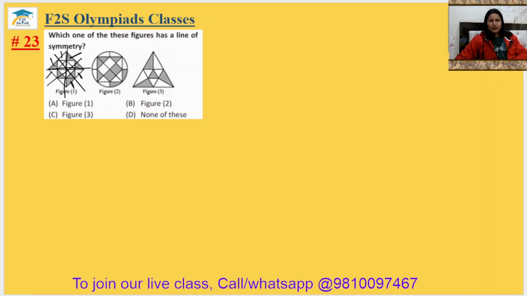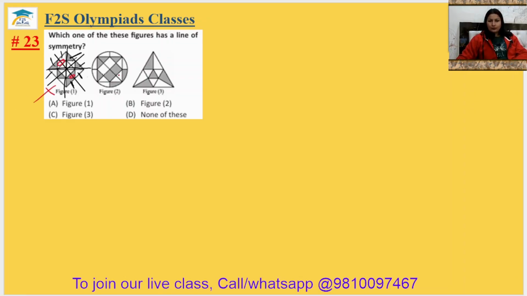In this way, this is colored, this too is colored, but at this part, this is not colored and this is colored. So not symmetric. Figure 1 is not symmetric.